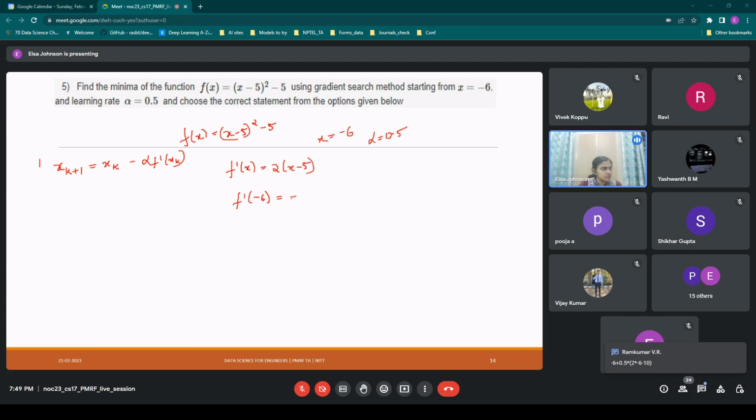Can you explain, Ram? Okay, this is minus 6 minus alpha, which is 0.5, right? f dash of x of k is 2 into x minus 5, with x as minus 6, so minus 6 minus 5.